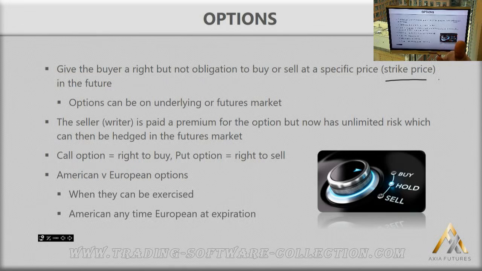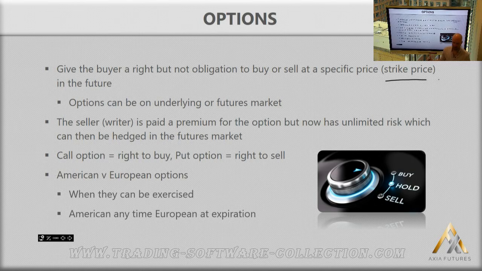But yeah, like I say, European ones only on expiry. I just read in my note here that basically everything on Eurex is a European option, apart from options on individual indices. So the cash indices, you can trade an American option on those on Eurex.